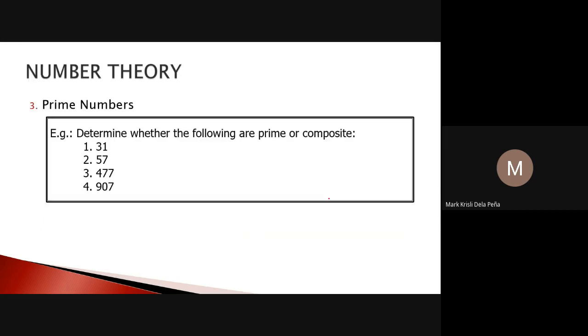Okay, let's determine if this is a prime or composite number. Again, the step is to get the square root. Let's start with number 1, which is 31. We'll get the square root of 31.